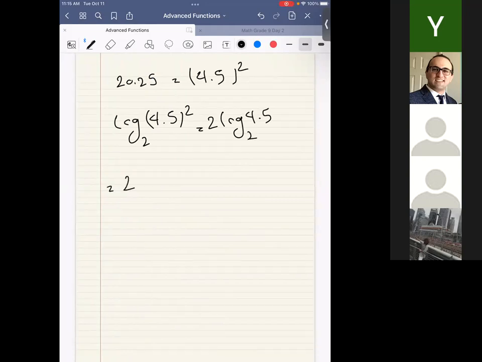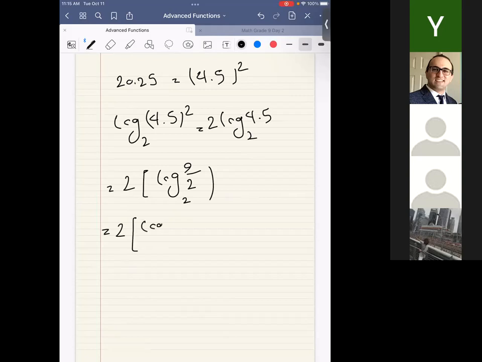But we know that 4.5 is 9 over 2. So it's 2 times log of 9 over 2.